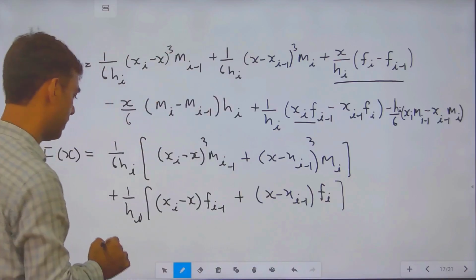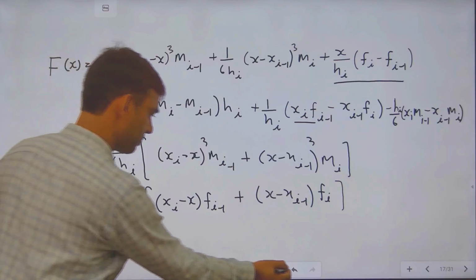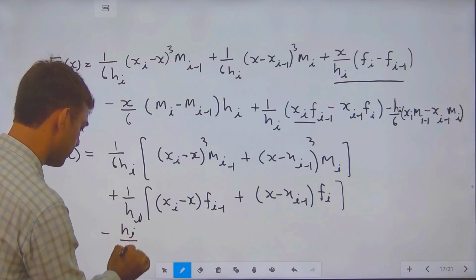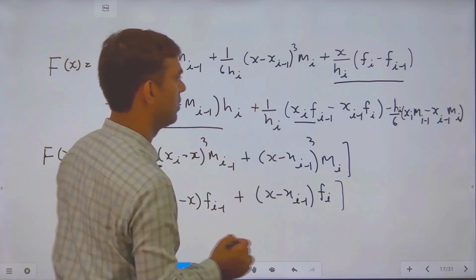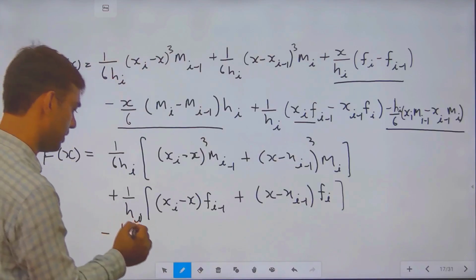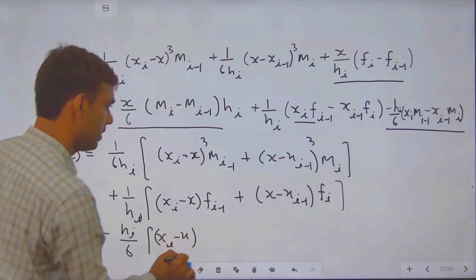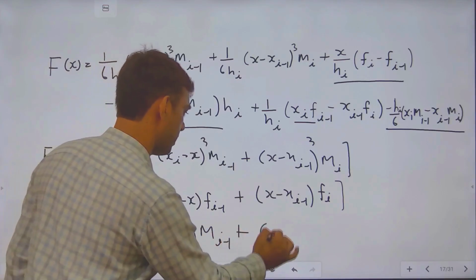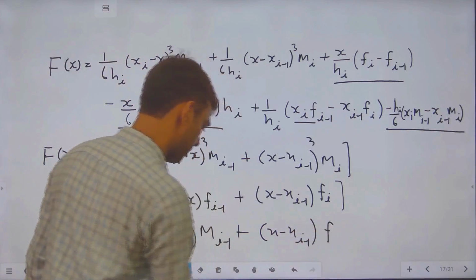This one is the second term, and the third term is minus h_i by 6. Here we equate this term and this term, then we get minus h_i by 6 inside (x_i minus x) M_{i-1} plus (x minus x_{i-1}) M_i.